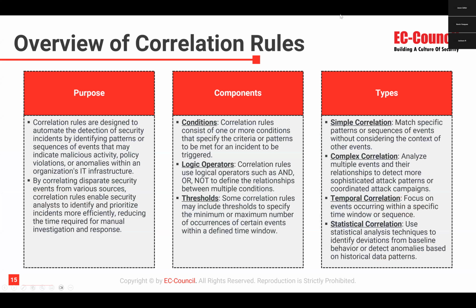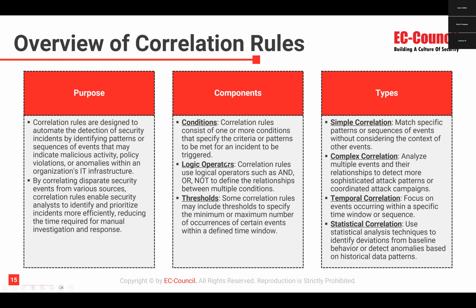All right. On an overview of those correlation rules, you have to set up its purpose, the components, which is the conditions. This may include logic operators like and, or, not. And then you would set some threshold for a minimum or maximum of those certain types of events defined within a certain time window.